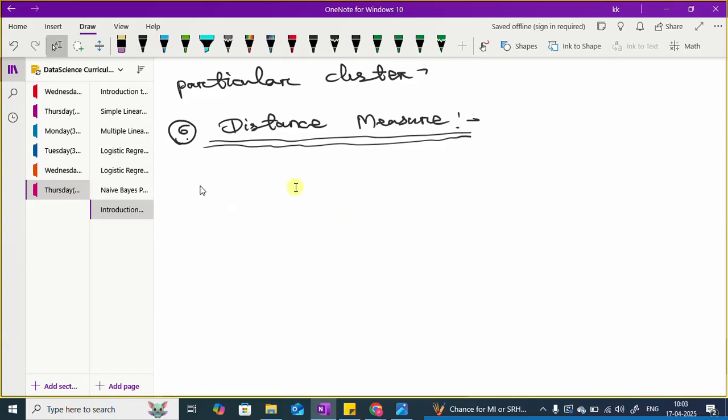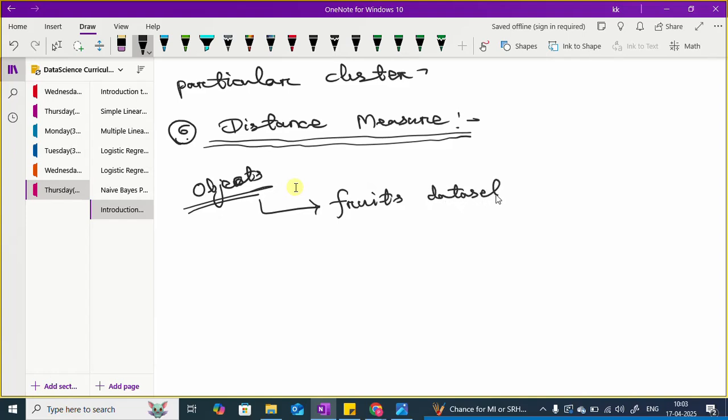If it is an object, let's say, for example, I'm taking the example of a fruits data set, or let's say animal data sets.